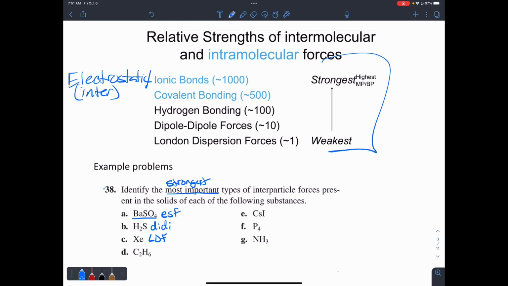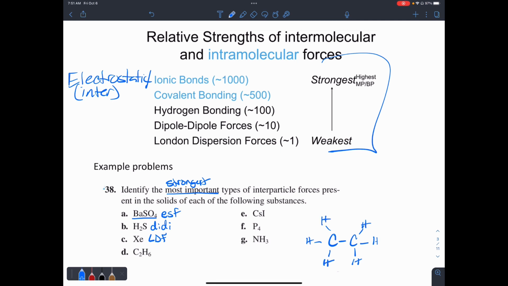C2H6. Is it ionic? Well, no, it doesn't have a metal nonmetal. So we know it's covalent then, and the intermolecular forces we're being asked about are either hydrogen bond, dipole-dipole, or London dispersion. It cannot hydrogen bond. It's not H with FON. Is it polar? Now, you may need to make a Lewis structure in order to see whether or not this molecule is polar.